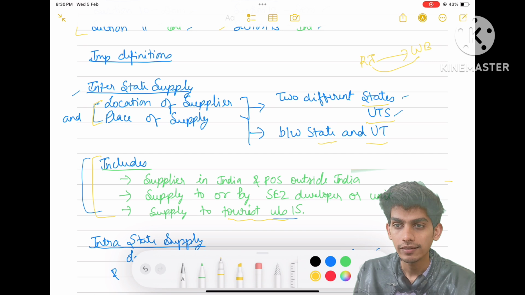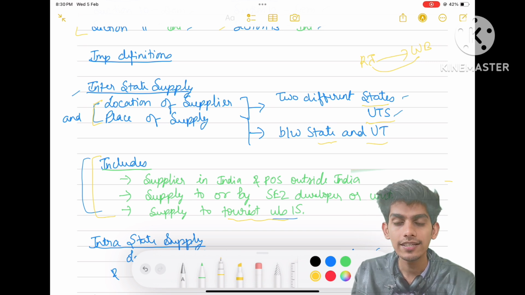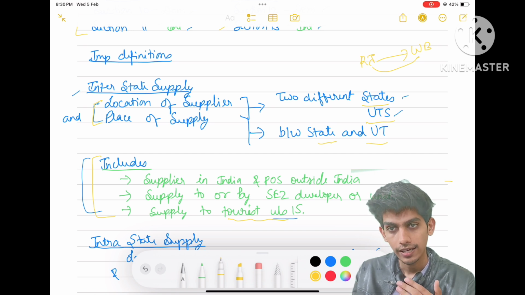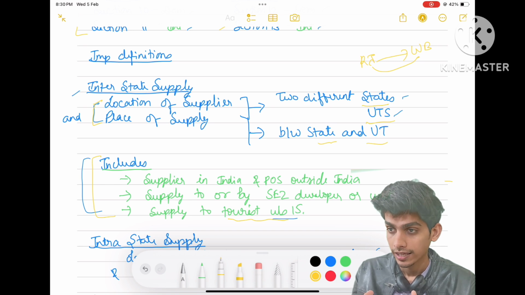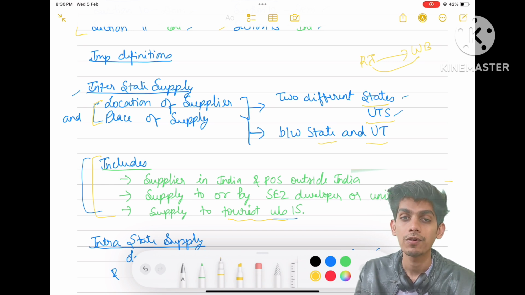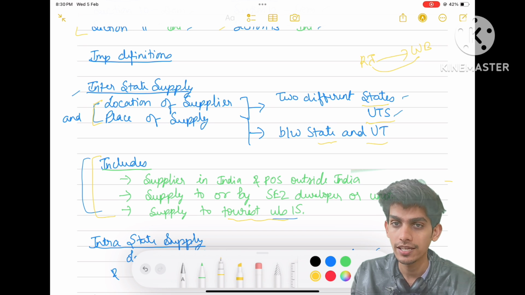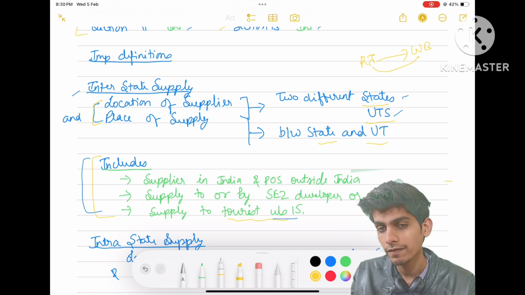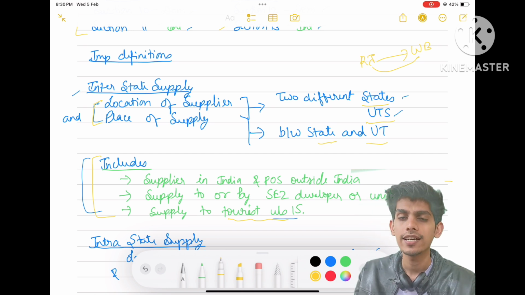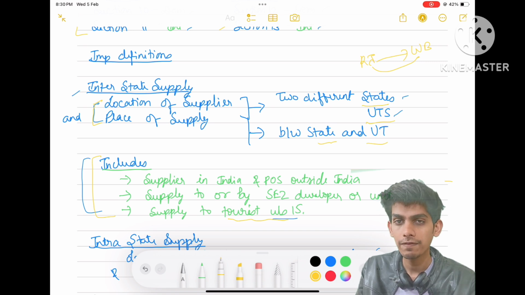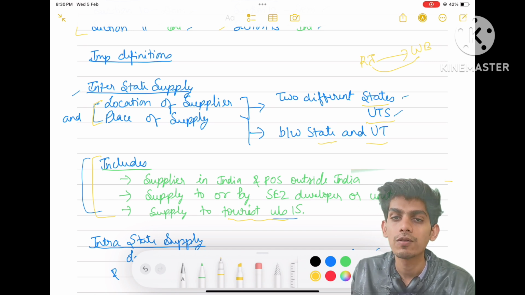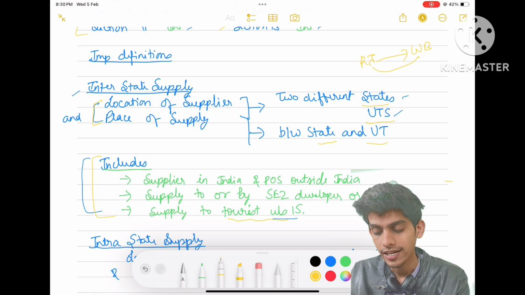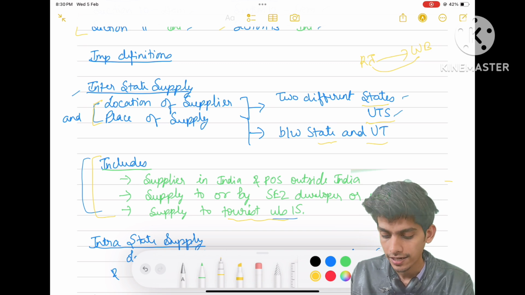This transaction will be termed as interstate supply so that IGST will be levied, because giving him a refund will be easier if IGST is applied. If we apply CGST and SGST, then we have to give him a refund from two accounts, CGST and SGST, which would be difficult. So to make it easier, the law has made a provision that if we are supplying goods to a tourist who will be leaving India, taking goods with him to his own country, then it will be considered as interstate supply.